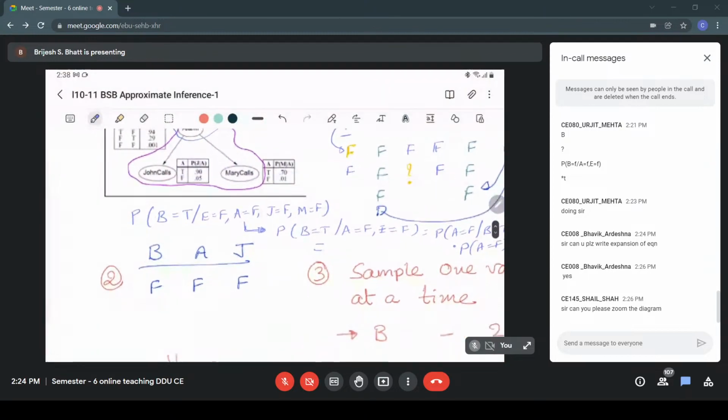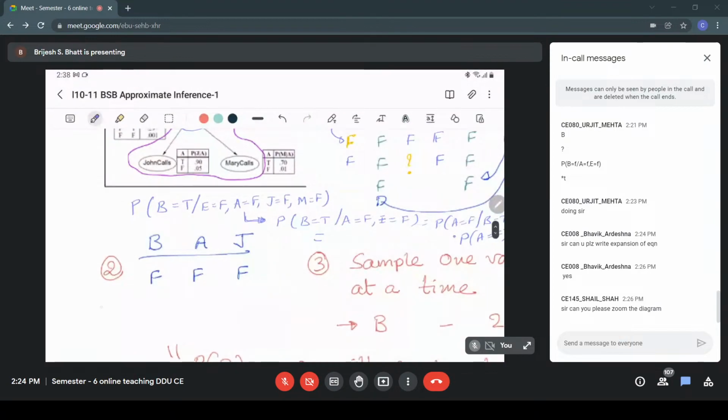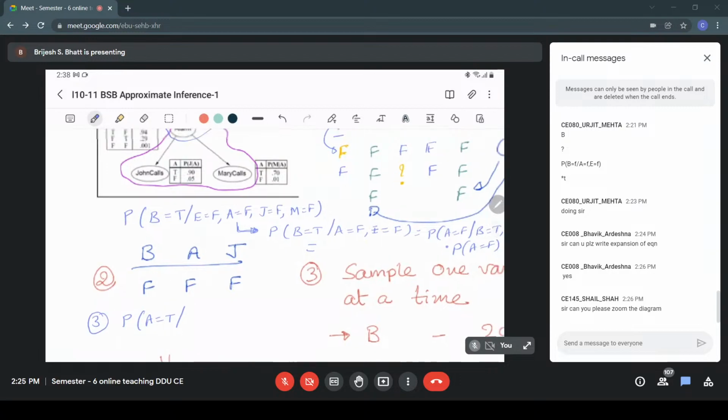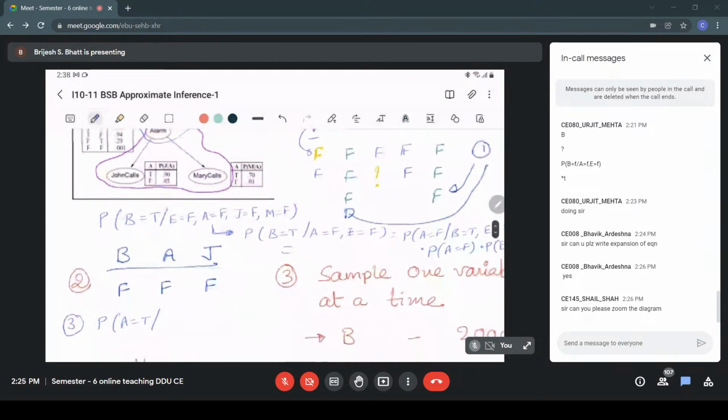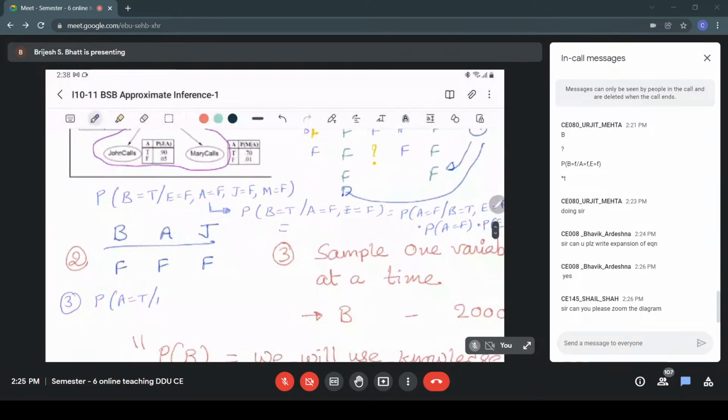So now the question that we are asking, in the third iteration, is probability of A is equal to true given everything else is false. There was no burglary, there was no earthquake, neither John called nor Mary called. Everything else is false.